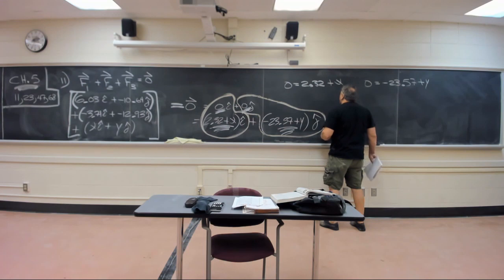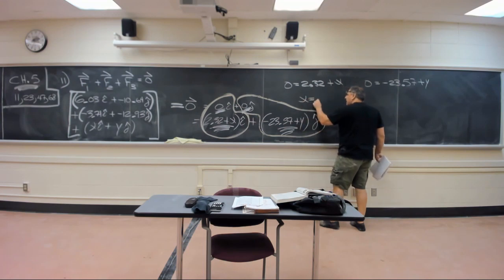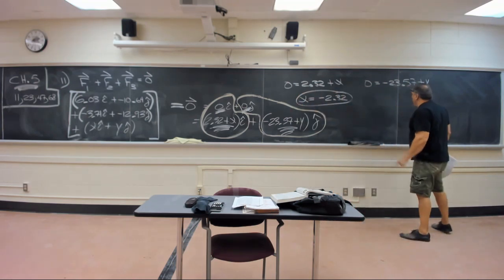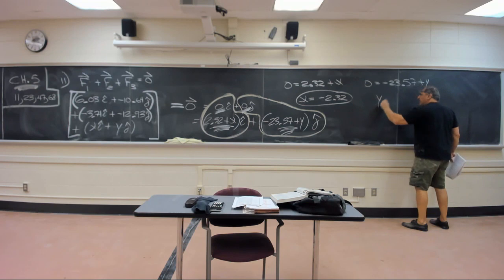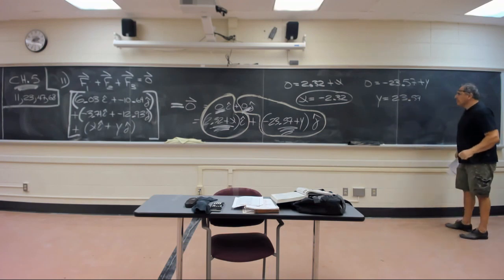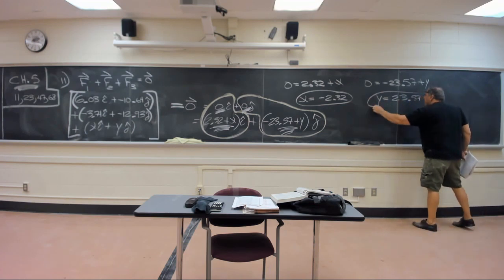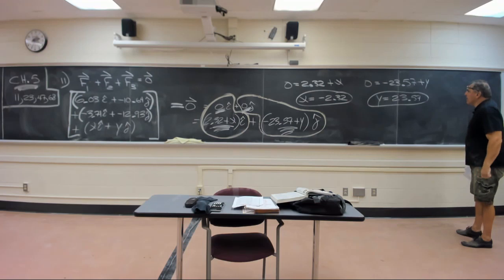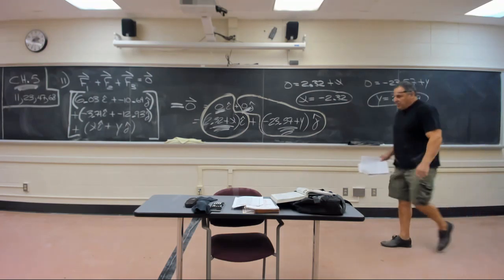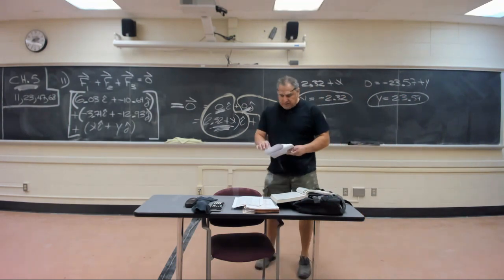Add a negative 2.32 on each side. x equals negative 2.32. Add a positive 23.57 on each side, you get that. What's going on here? Well, we just got it. The problem is basically solved at that point.